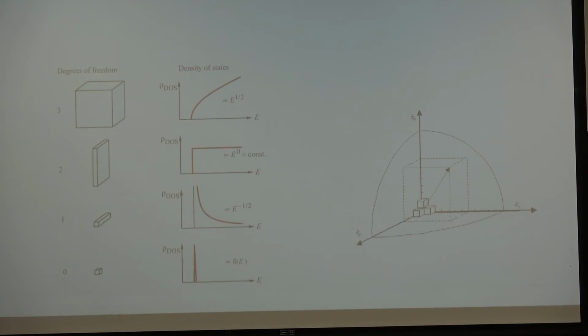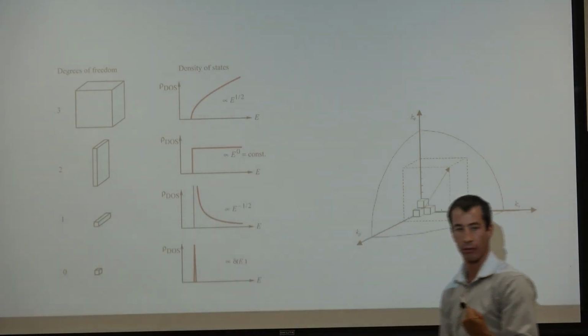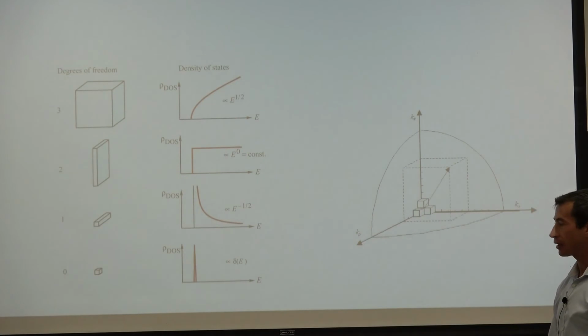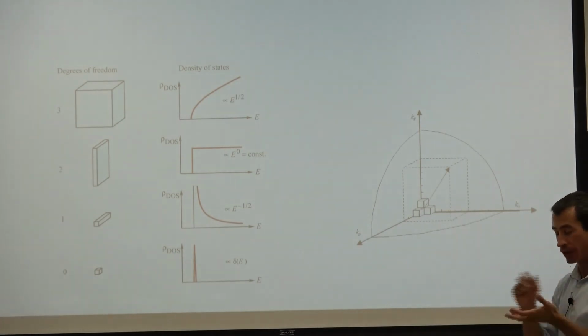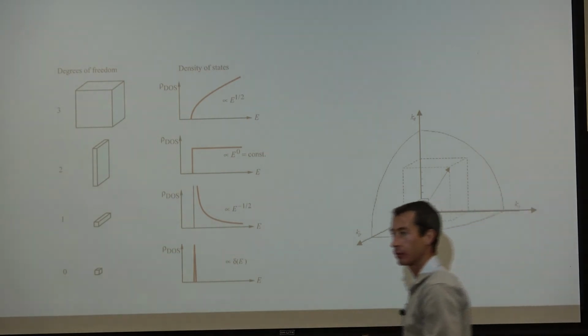Similarly, in a 1D system, if you make a nanowire so small, you can only propagate electrons in one dimension, right? The size of the system impacts the frequency.